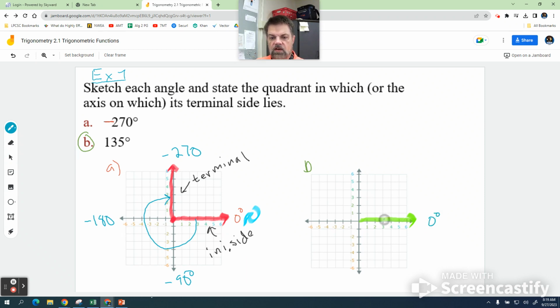So now if I rotate this way, this is a positive 90 degrees, but they're asking me to graph 135 degrees. So you guys haven't memorized this yet, but Mr. Adams knows that 135 degrees is the same as 90 degrees plus 45.